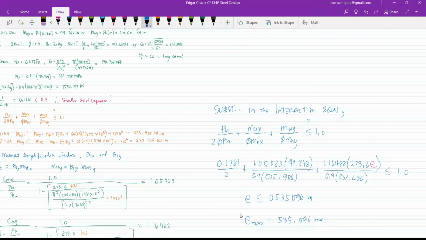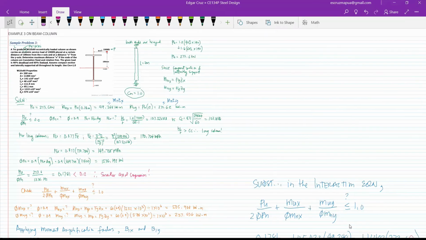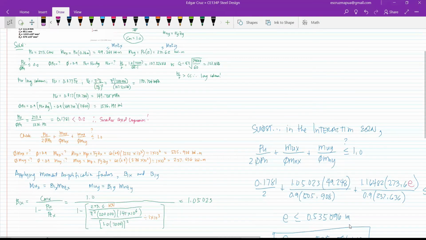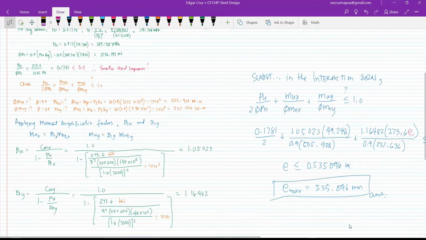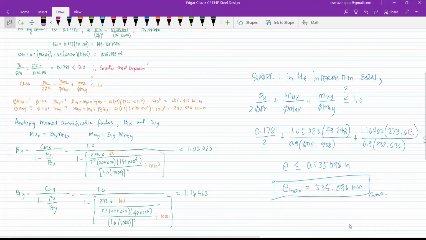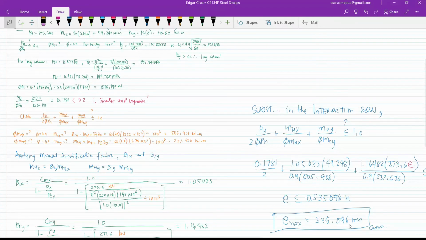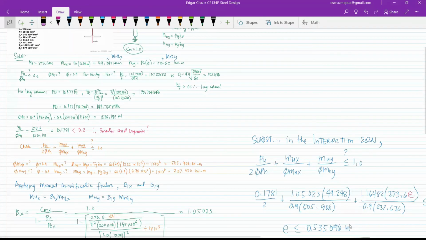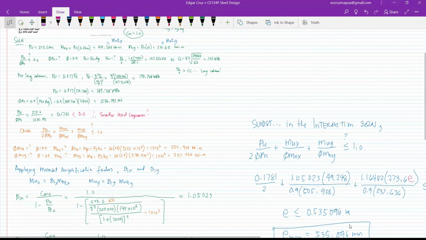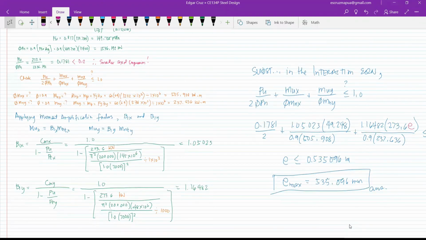So that would be our final answer. So ganyan kalayo dapat yung load from the y-axis so that the member would be adequate. Question about this problem? So again, this problem, we were able to analyze and solve for the maximum distance considering amplification factor. Okay, so ganyan yung mangyari.